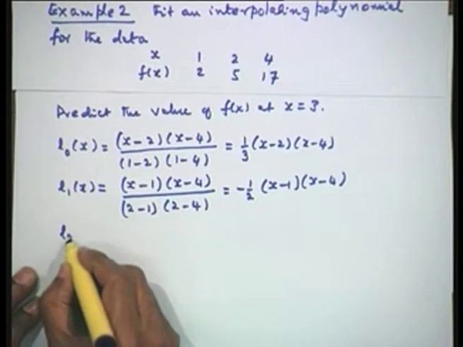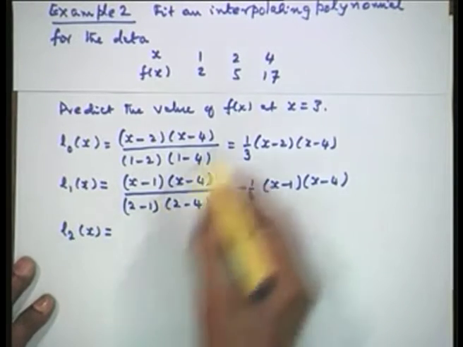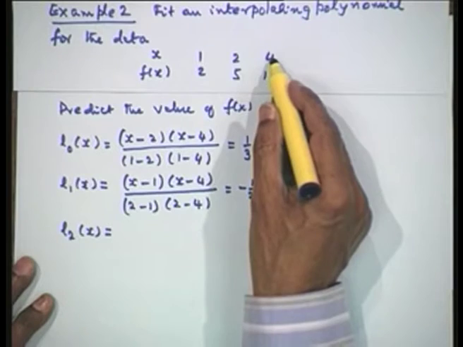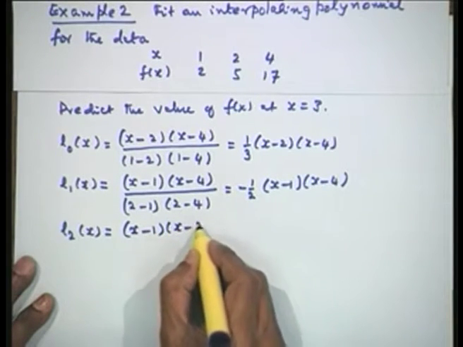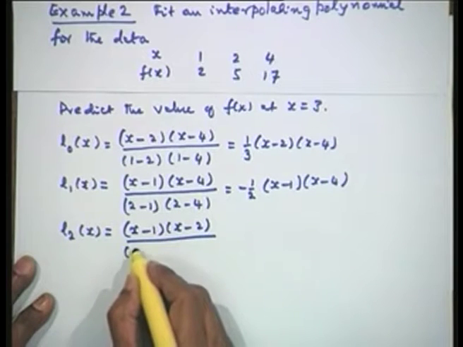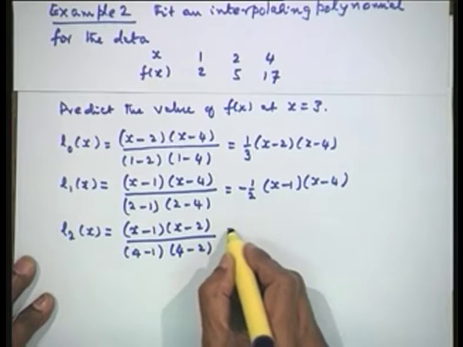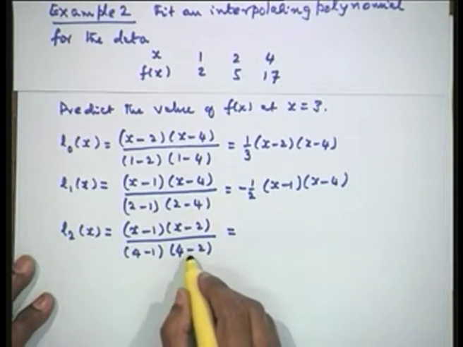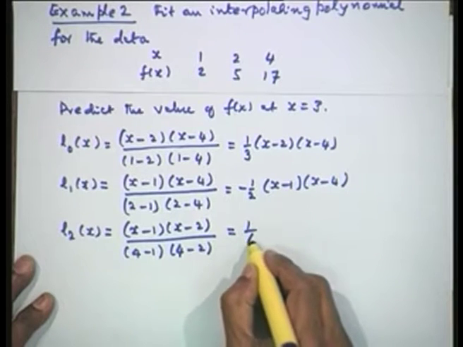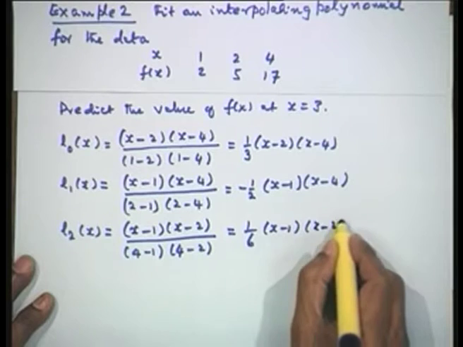And the third polynomial is L2(x). Now, we will have to skip x2, that is 4, the factor corresponding to 4. So, I will have here x minus 1 into x minus 2 divided by 4 minus 1, 4 minus 2. This gives us 3, this gives us 2. So, I will have here 1 upon 6 (x minus 1)(x minus 2).